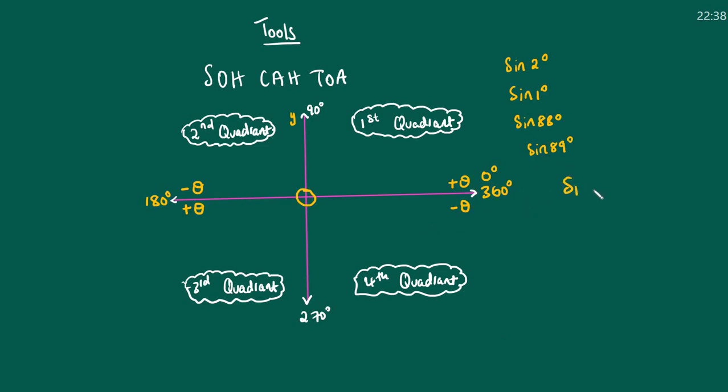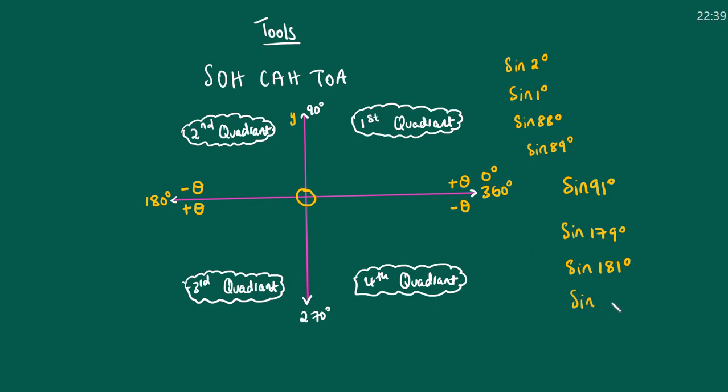Okay, can we try maybe sine 91 degrees? Positive. Wow. What about sine 179 degrees? Positive. Okay, let's try sine 181 degrees. Negative. Wow.